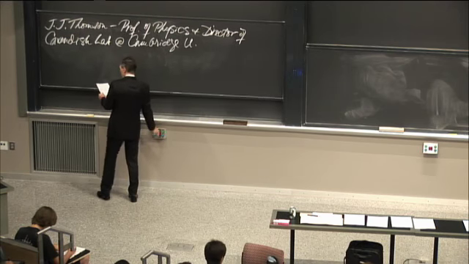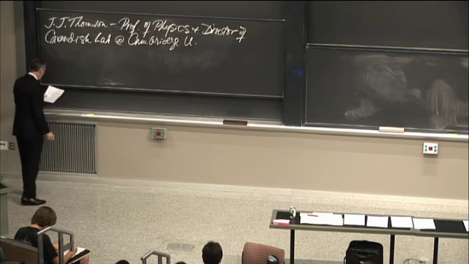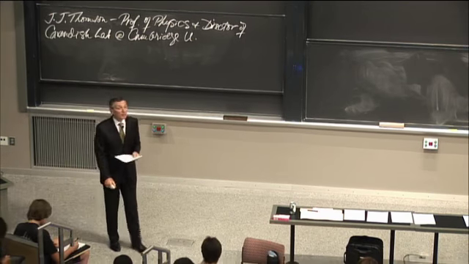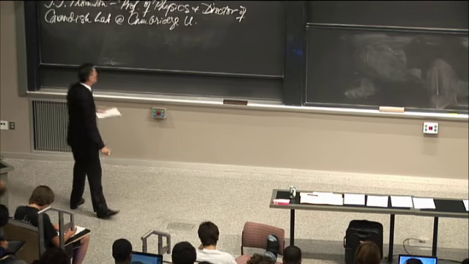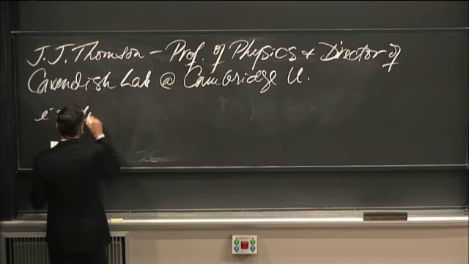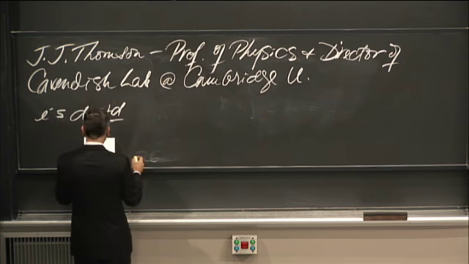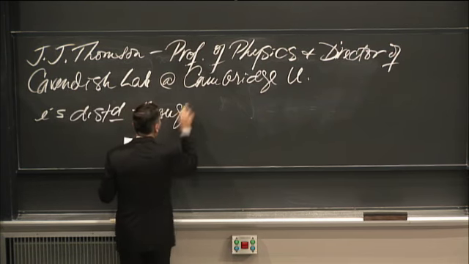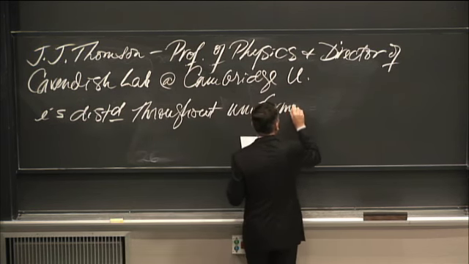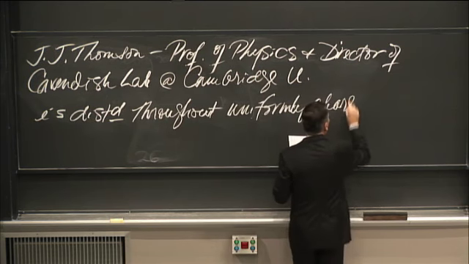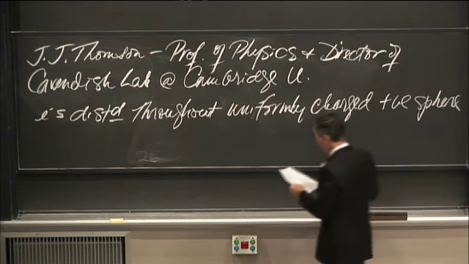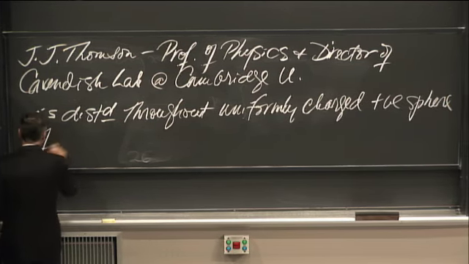So what did J.J. Thompson tell us? He said the electrons were distributed throughout a uniformly charged positive sphere of atomic dimensions.